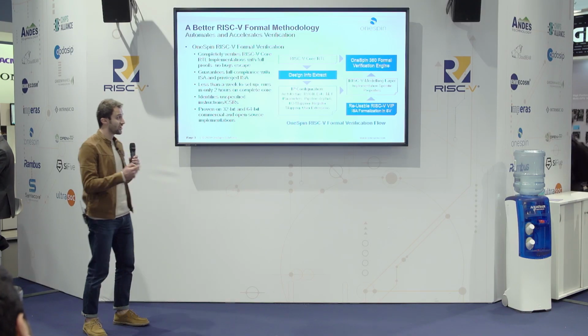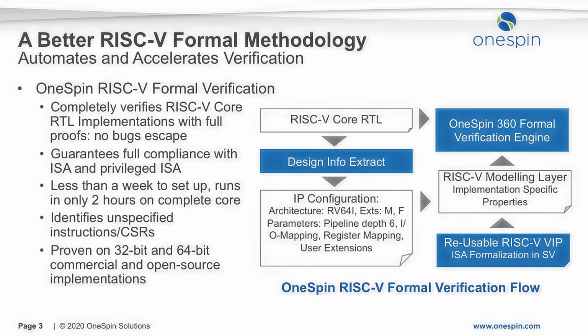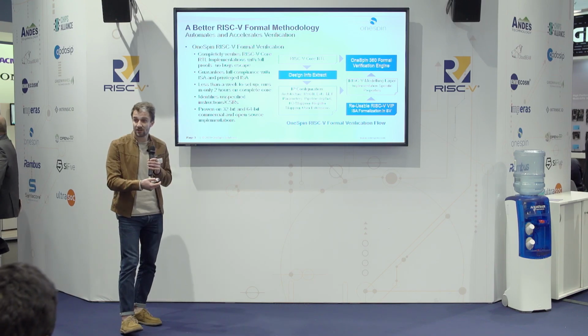The general flow of the OneSpin RISC-V formal verification is as follows. We have a RISC-V core developed in RTL. Based on this design, we automatically extract information telling us what the design choices were regarding the extensions used.